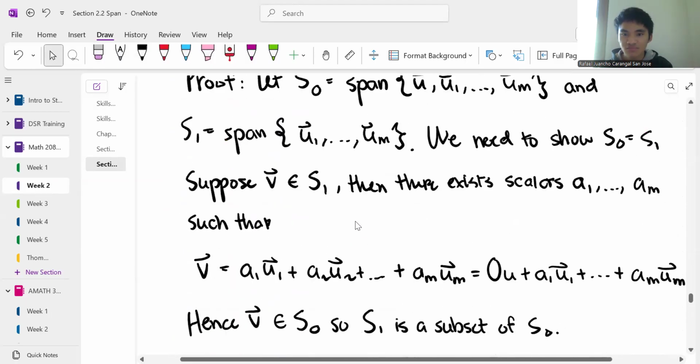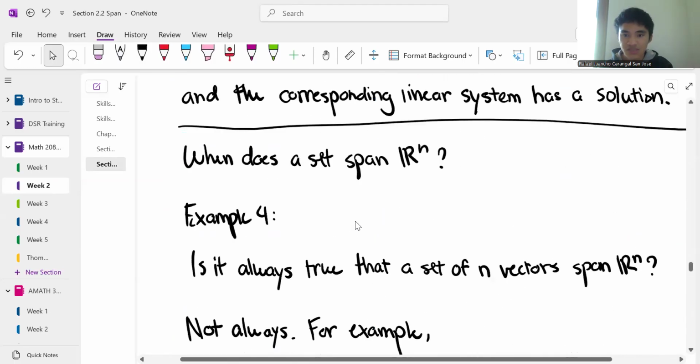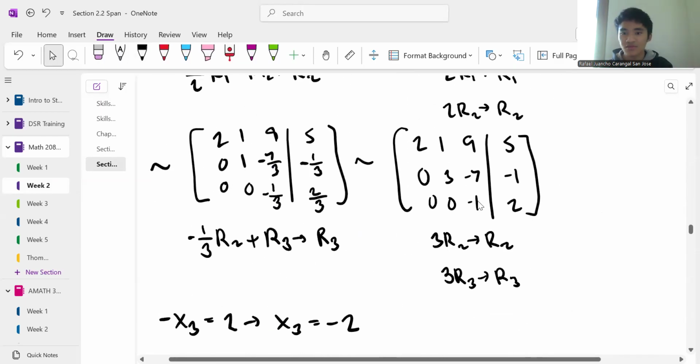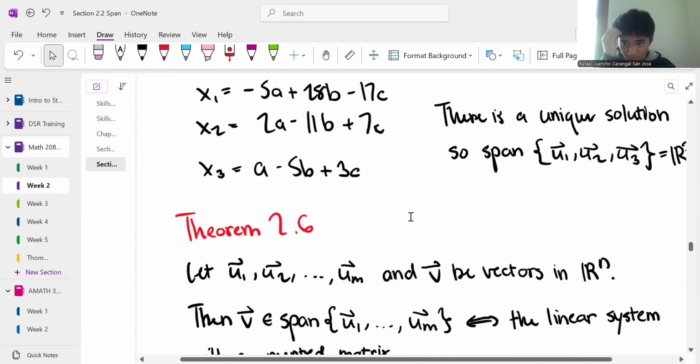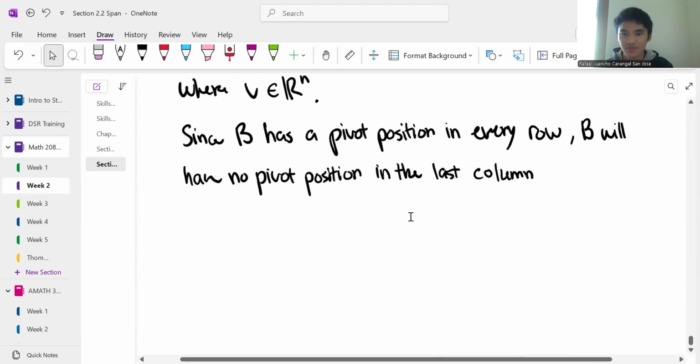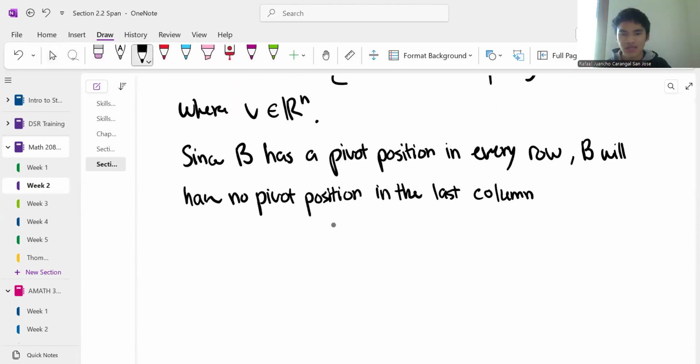But I think most of them do. Like, let's say, where are the examples? Say this one. It has a pivot position at the last column. Last column here is 3. What does this mean then? If I did my elementary row operations, and it says it has a pivot position in the rightmost column. Okay, it's just confusing me.